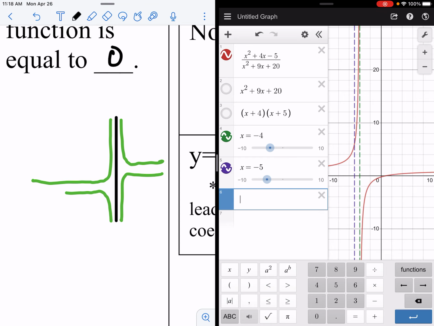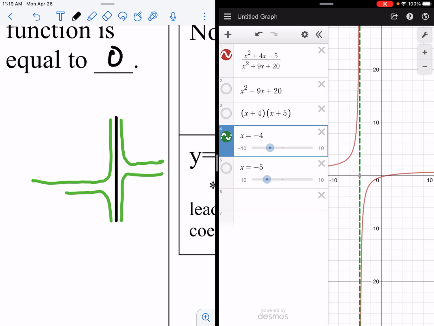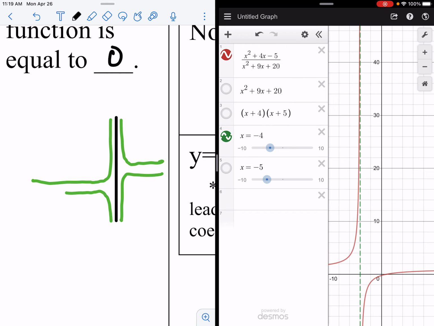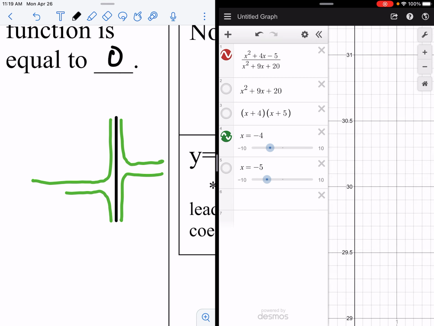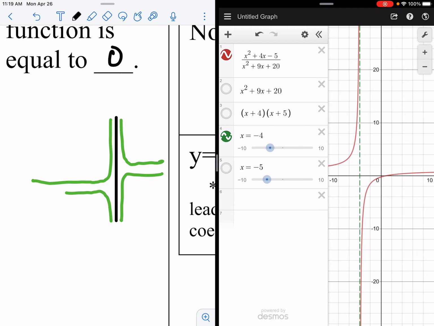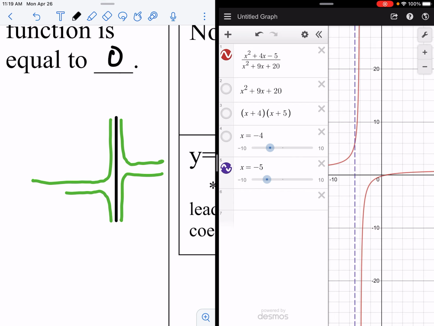So if I look at x equals -4, as the graph is coming from left to right, it makes that bend and it gets really close, right? So the more I zoom in, the closer it gets, but it never actually really touches it. However, if I try x equals -5, you can see that they touch right around at this value right here, okay?